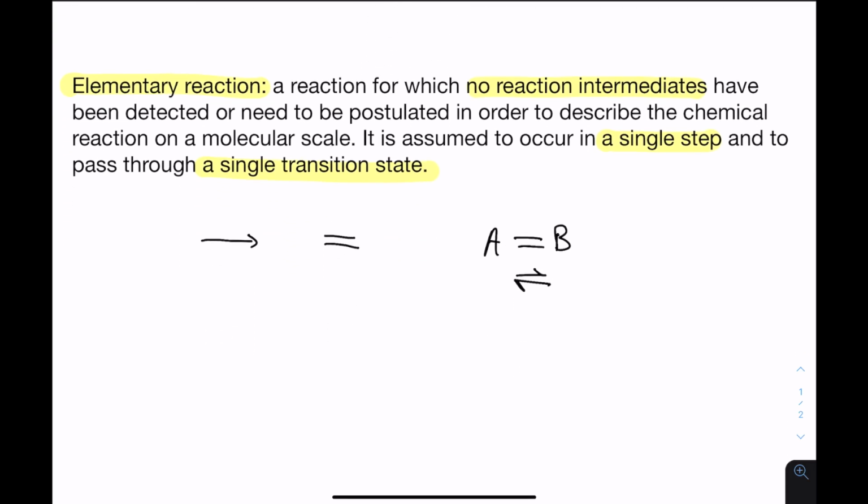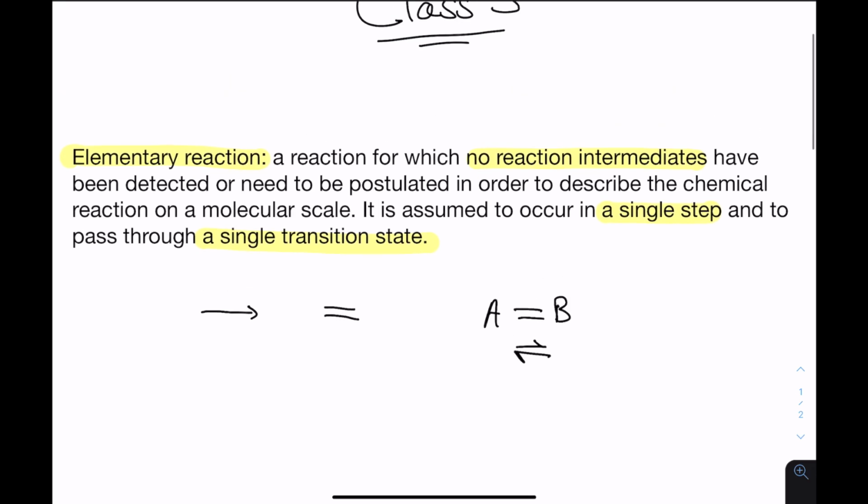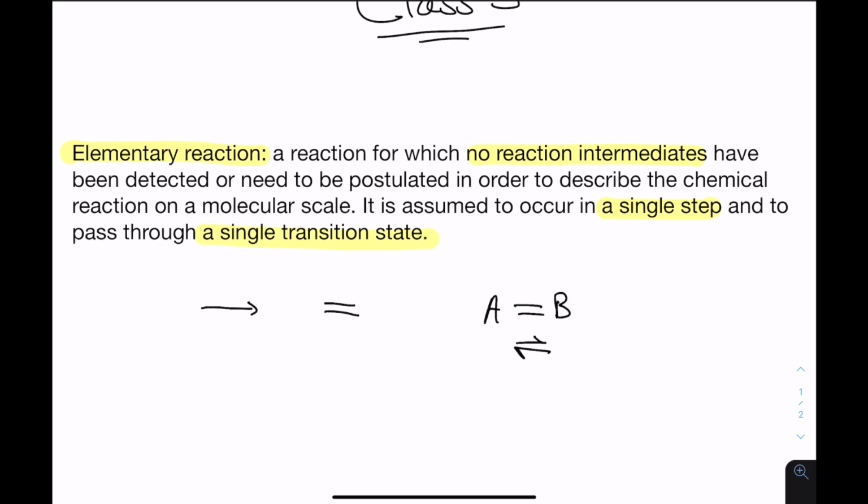So why does this matter? One thing which is nice is that for an elementary reaction, let's say A goes to B, and I look at the rate, it's k times A. So we said before, there's always some kind of coefficient. For elementary reactions, that coefficient is the same as the stoichiometry.